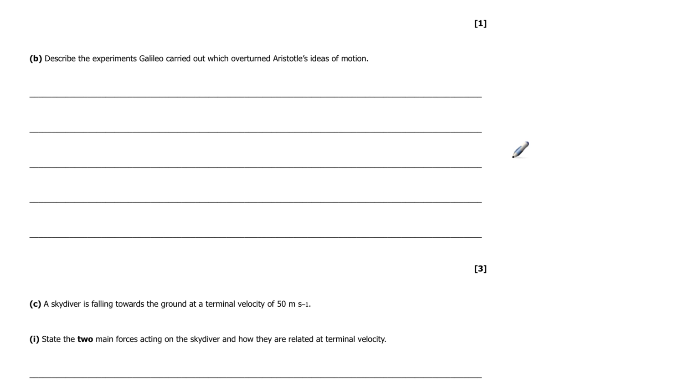So objects landing at the ground at the same time indicates that their rate of acceleration is independent of mass. So in other words, all objects fall with the same acceleration. But we also needed to say that Aristotle thought that heavier objects fall faster.